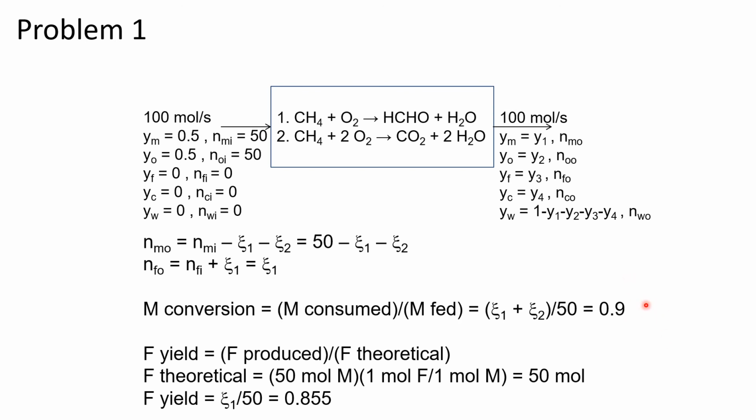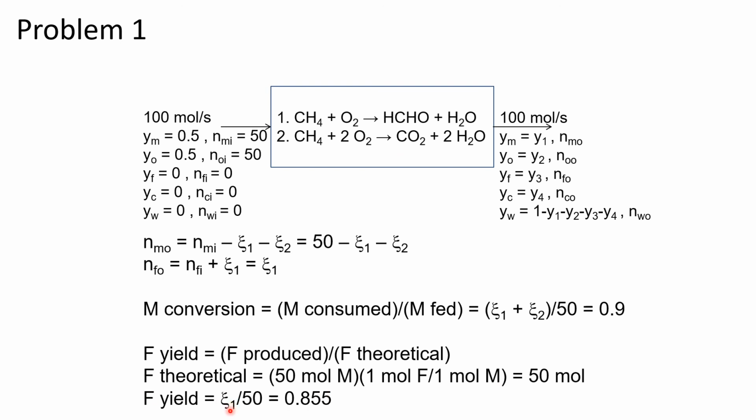Unfortunately, we can't solve this for Xi1 or Xi2 yet. But let's look at the other specification, the yield. The formaldehyde yield, we're going to set equal to 0.855. That's formaldehyde produced divided by the theoretical amount. We already determined that the theoretical amount of formaldehyde that could be produced from complete conversion of the methane would be 50 moles.